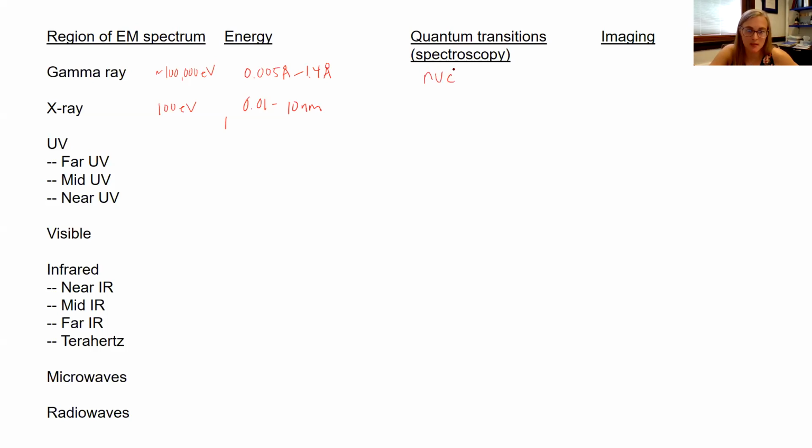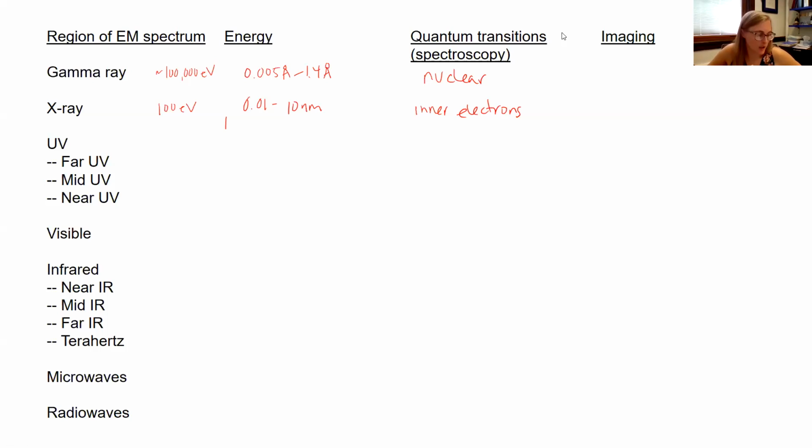With the gamma rays, they interact with the nucleus, and X-rays interact with the inner electrons. X-rays are so strong that they ionize atoms and molecules, where they kick off those inner shell electrons that you typically think are pretty stable and near the nucleus.